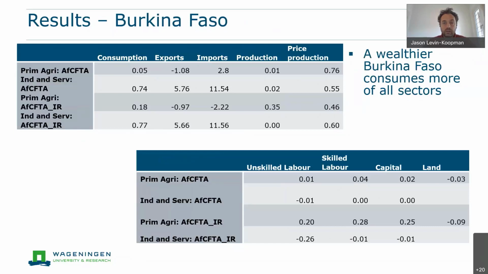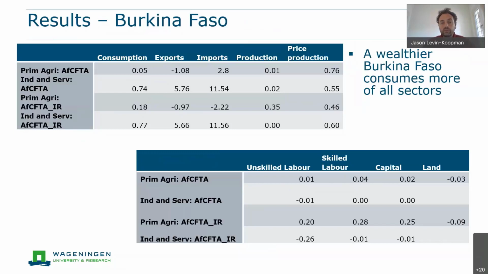There's a higher demand for all products as a result of the tariff reduction, so the price of production increases to meet this, and the price of production decreases significantly for primary agricultural products as a result of this irrigation expansion.